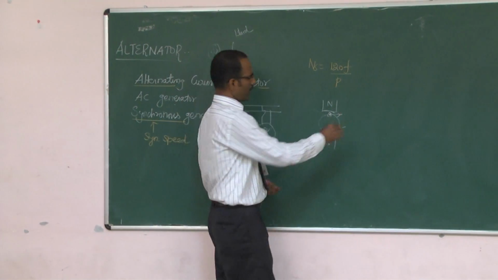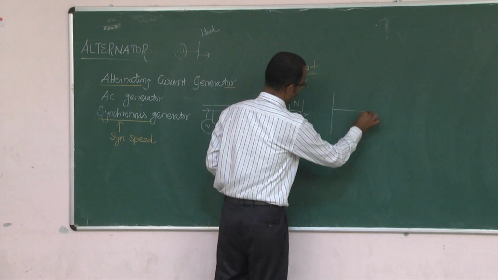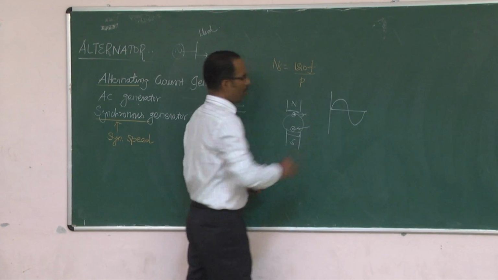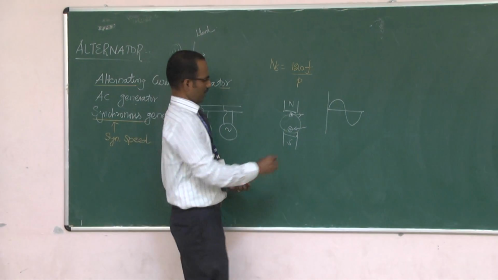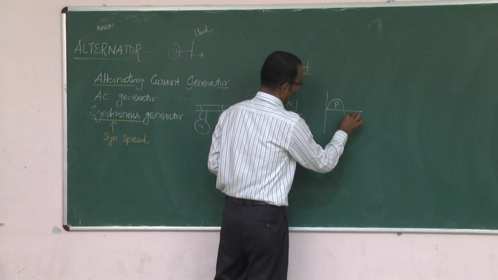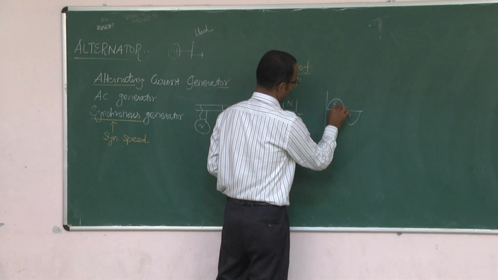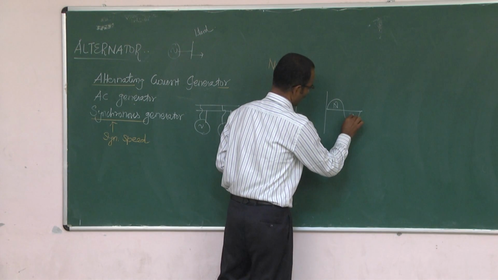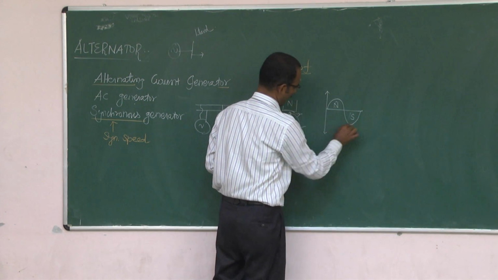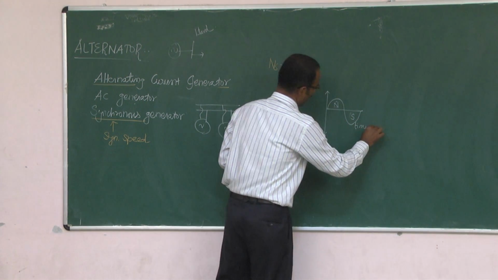So to create one cycle of waveform, one pair of poles is necessary. When it comes under the north pole, it creates the positive sine wave; under the south pole, it creates the negative sine wave.